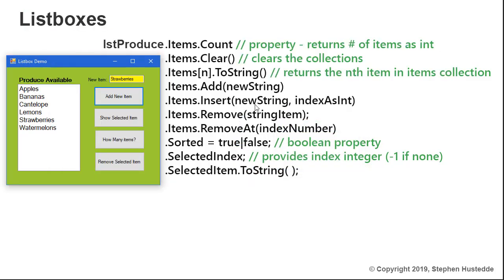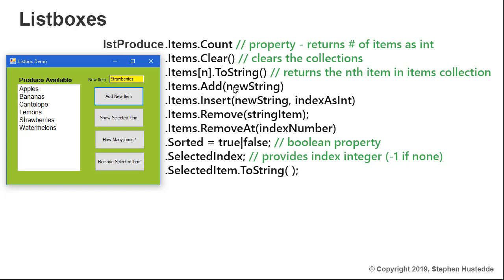We can insert an item at a particular location. So right now I have this list with the sorted property set to true, which means it's going to automatically alphabetize my list. If that was set to false, I could choose to insert an item at a specific location.